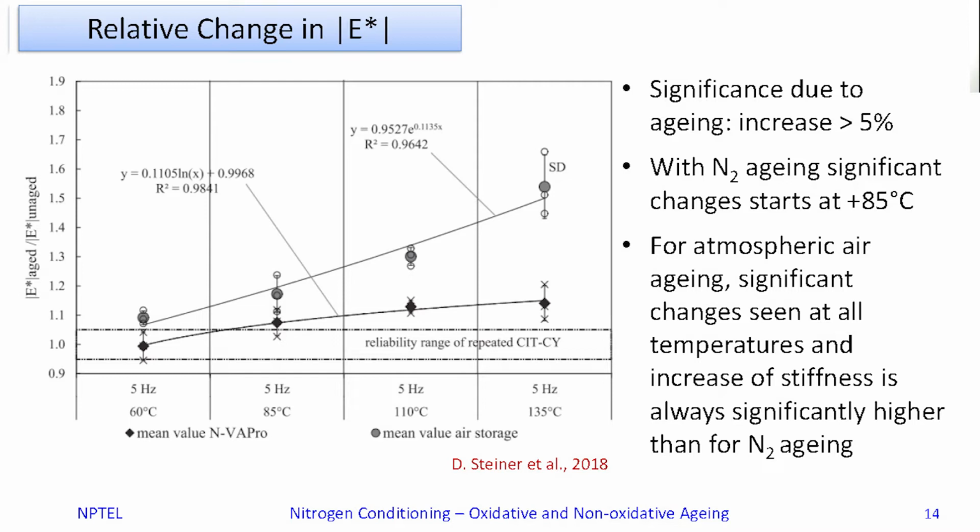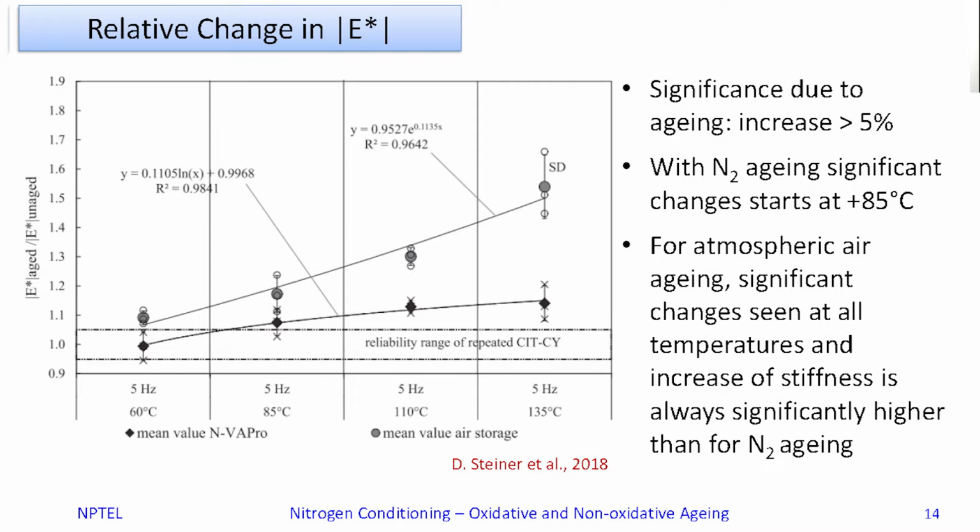So we can see here, with the nitrogen-aged specimens, any significant changes happened only after 85 degrees Celsius, and there were no changes when the conditioning was done at 60 degrees Celsius.